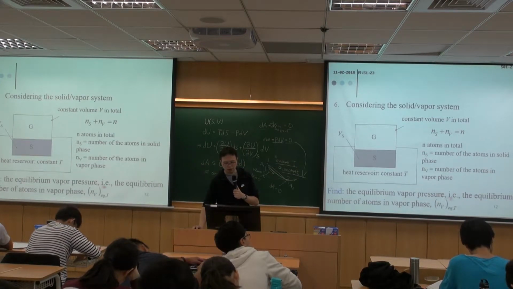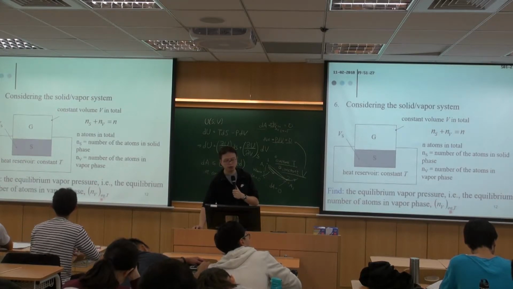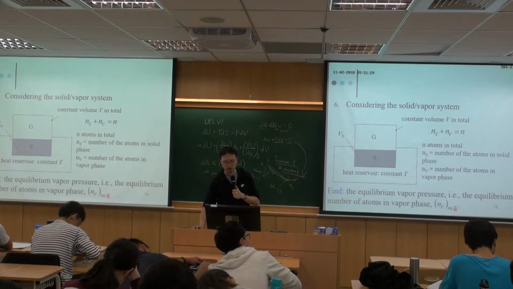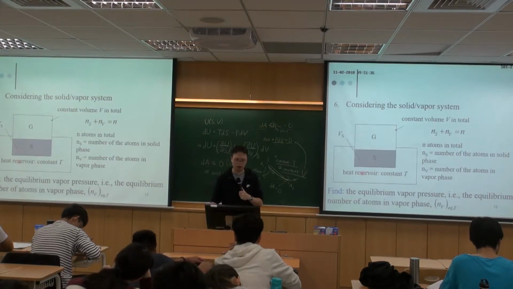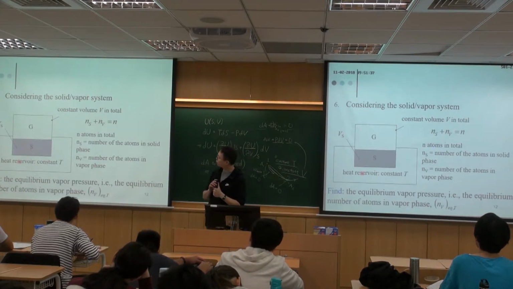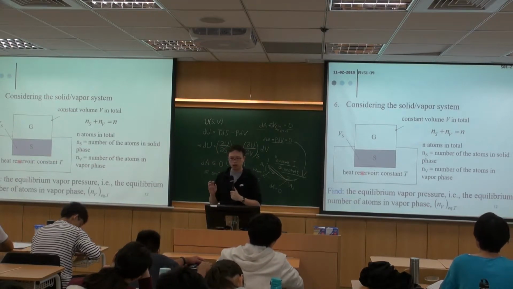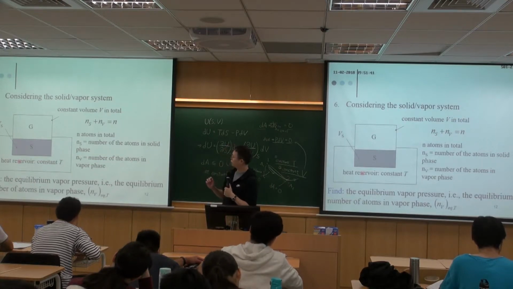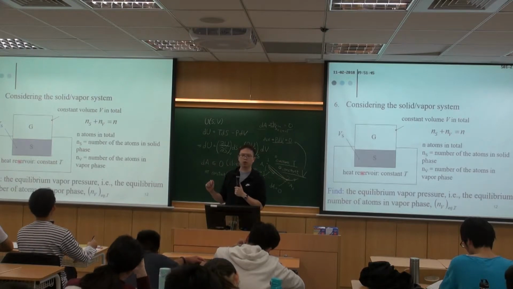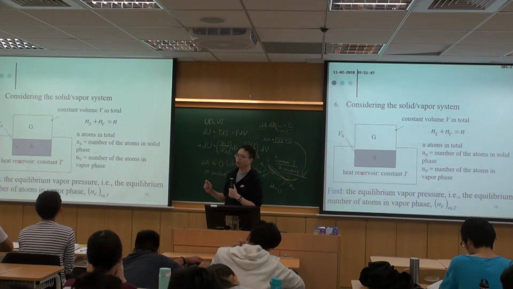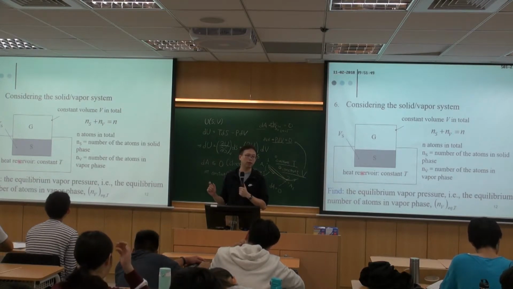Now, what will be the equilibrium number of vapor particles at a constant temperature? Because this system is in contact with a heat reservoir, so it's fixed at a certain temperature. And of course, intuitively thinking, when you raise the temperature, there will be more and more particles going into the vapor phase, right?